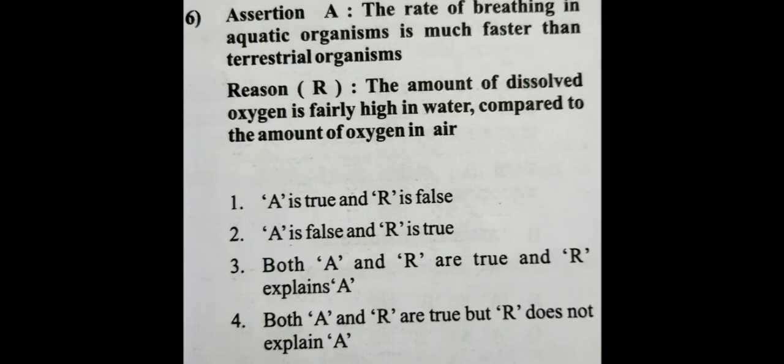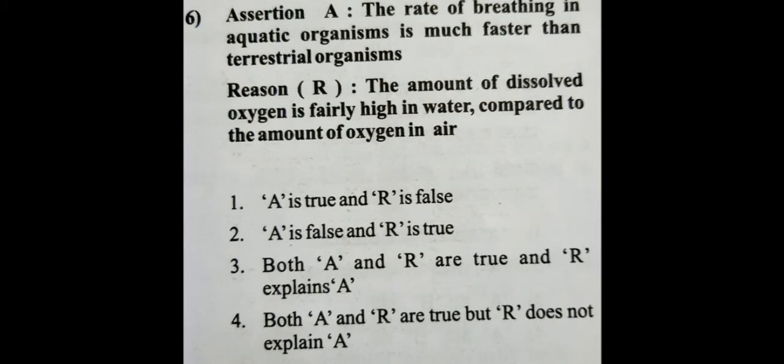The sixth question. Assertion A: the rate of breathing in aquatic organisms is much faster than terrestrial organisms. Reason R: the amount of dissolved oxygen is fairly high in water compared to the amount of oxygen in the air.